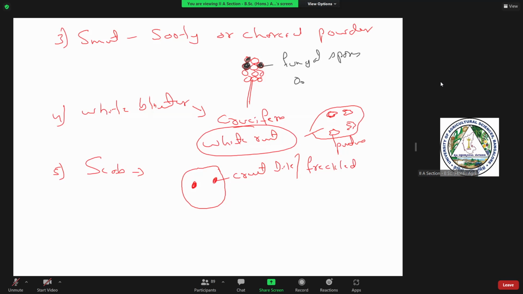The freckled appearance is a roughened portion of tissue due to the disease called scab. The example is the apple scab. The name of the disease itself is apple scab.